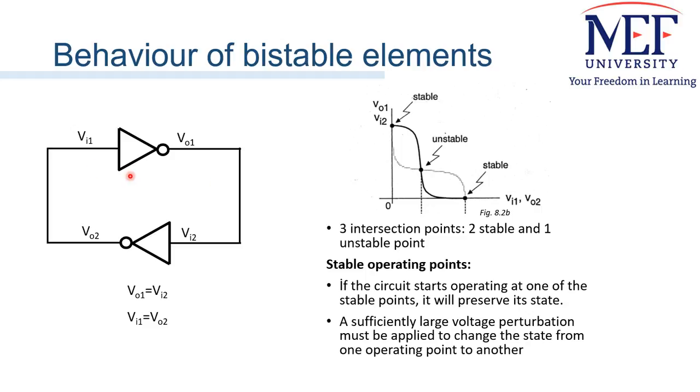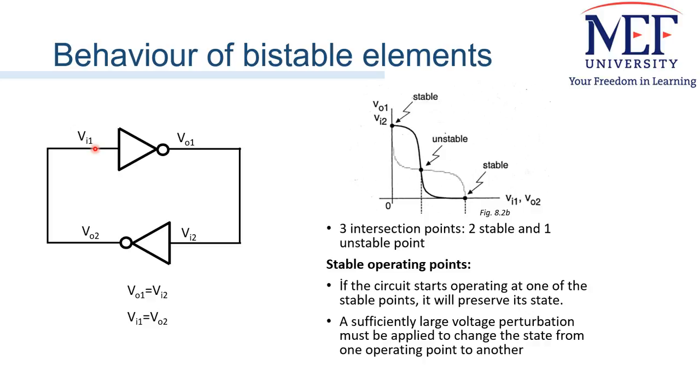Here we have a very simple bistable circuit, two inverters cascaded in this form. So the input of the first inverter is equal to the output of the second inverter, and the output of the first inverter is equal to the input of the second inverter. This circuit has two stable operating points.